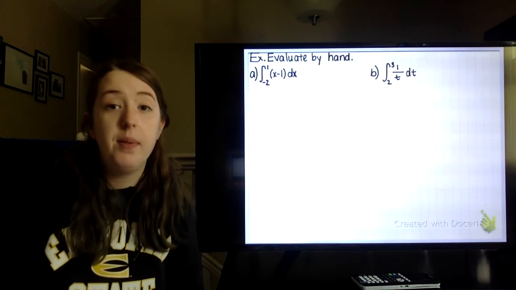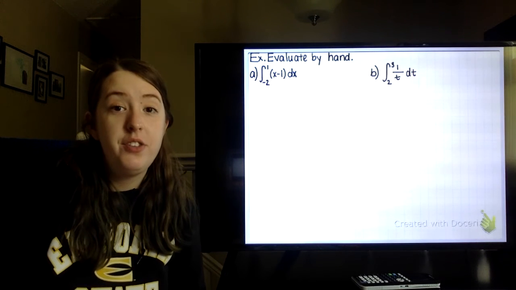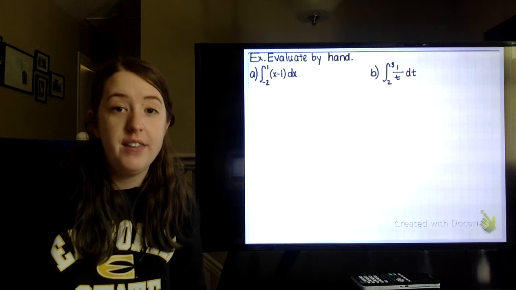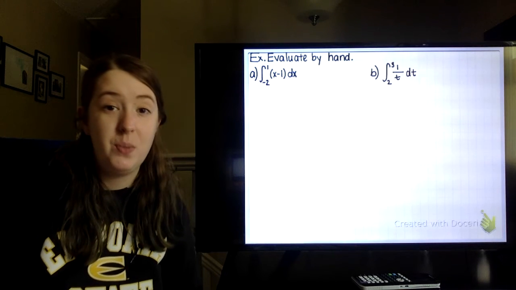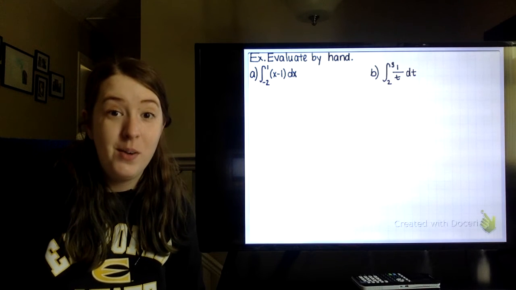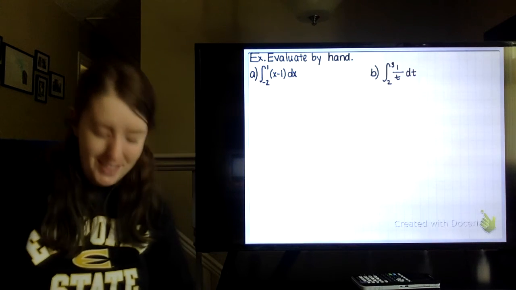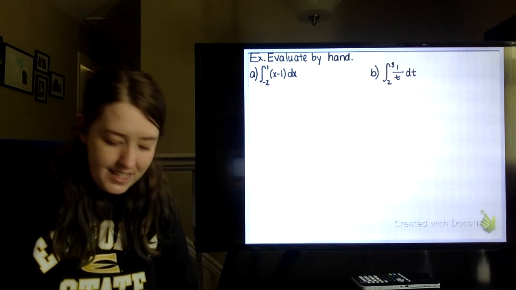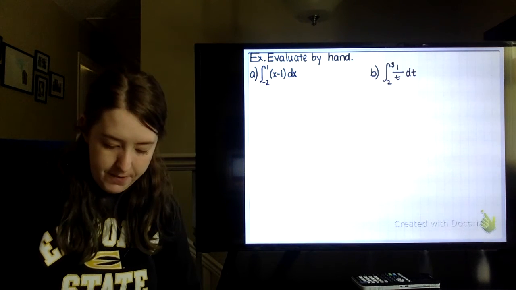So let's try a problem. So we want to find the integral from -2 to 1 of x minus 1 dx. So the first thing we need to do is find out what is the integral of this guy. So I need to take the antiderivative of x minus 1.